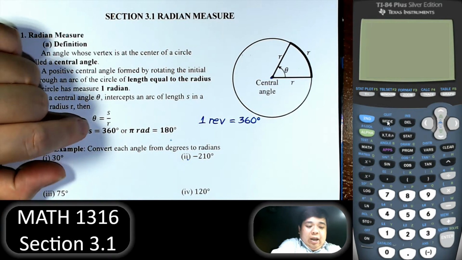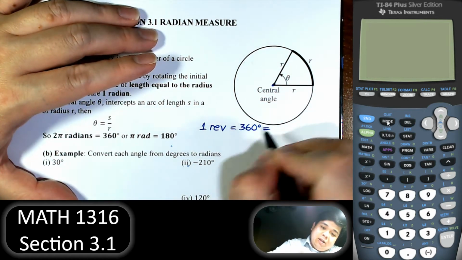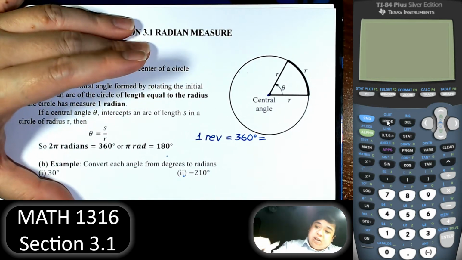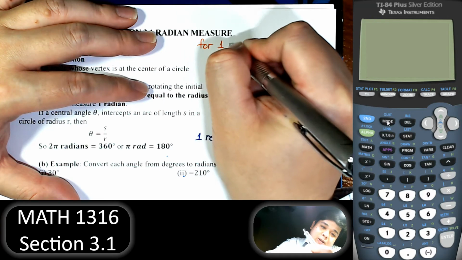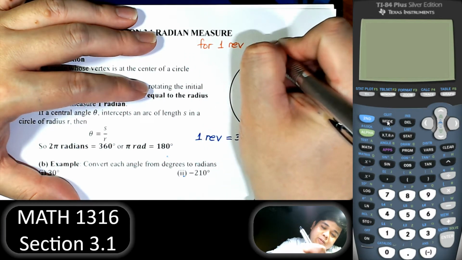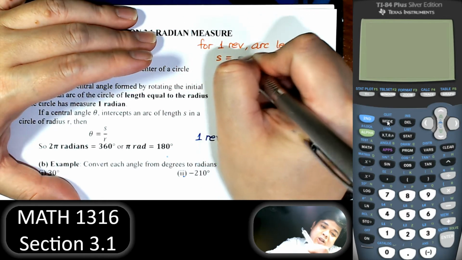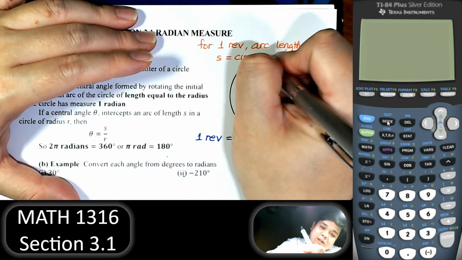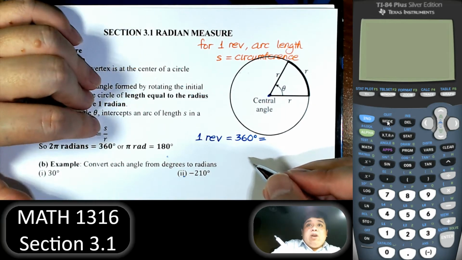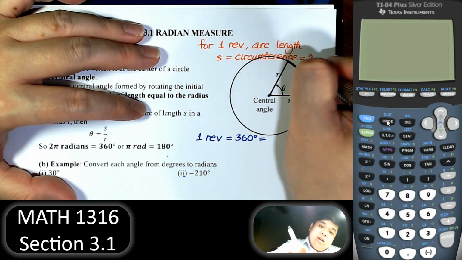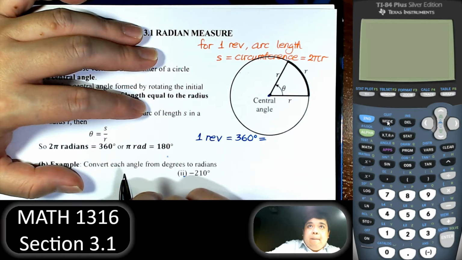If it is 1 revolution, the length of the arc is equal to the circumference of the circle. The circumference of the circle is 2 pi times the radius.